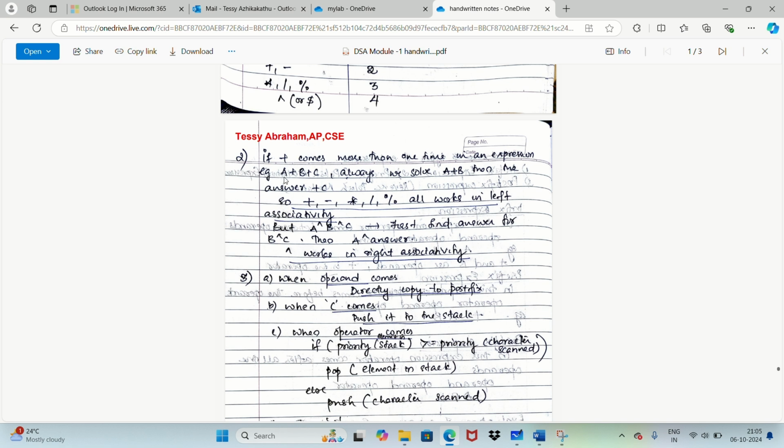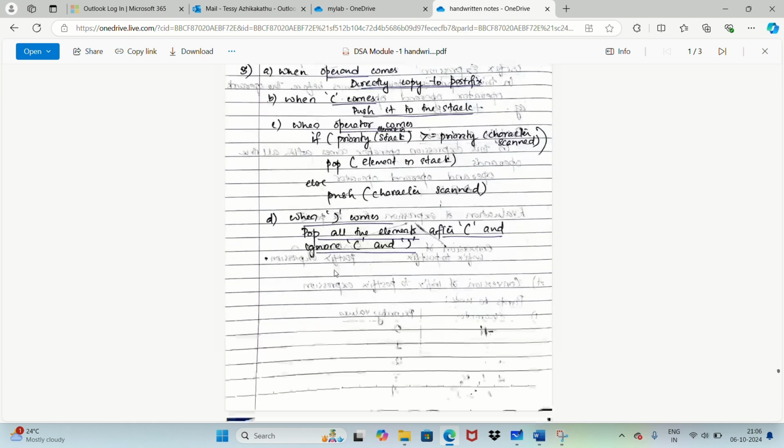So if it is a plus b plus c, first we evaluate a plus b and then its answer plus c. But in the case of power, that is a power b power c, it is right associativity. What is right associativity? It means first you evaluate b power c, and then a power that answer. That is called right associativity.